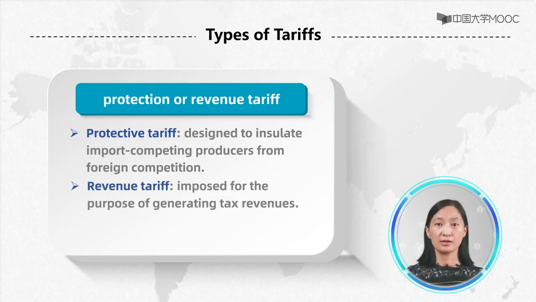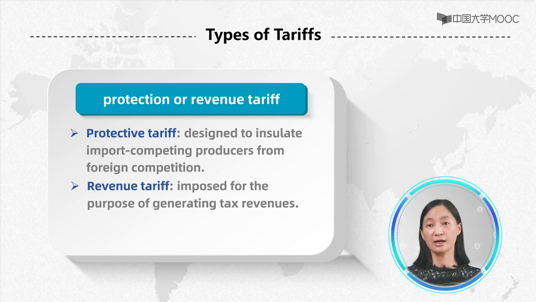A revenue tariff is imposed for the purpose of generating tax revenues and may be placed on either exports or imports. For instance, until the introduction of the income tax, the U.S. government raised most of its revenue from tariffs.